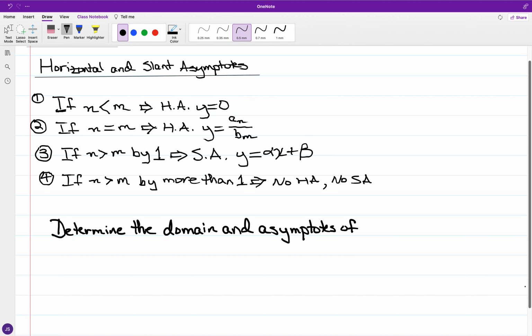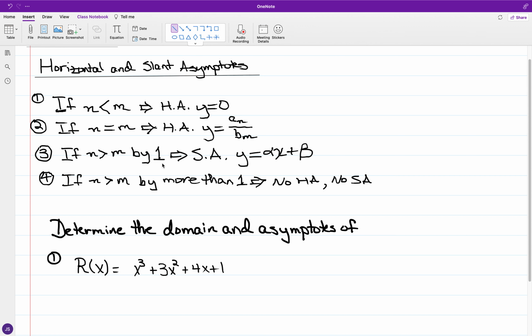And we'll say for a rational function, we'll have r of x is equal to x cubed plus 3x squared plus 4x plus 1, all over x squared plus 1.